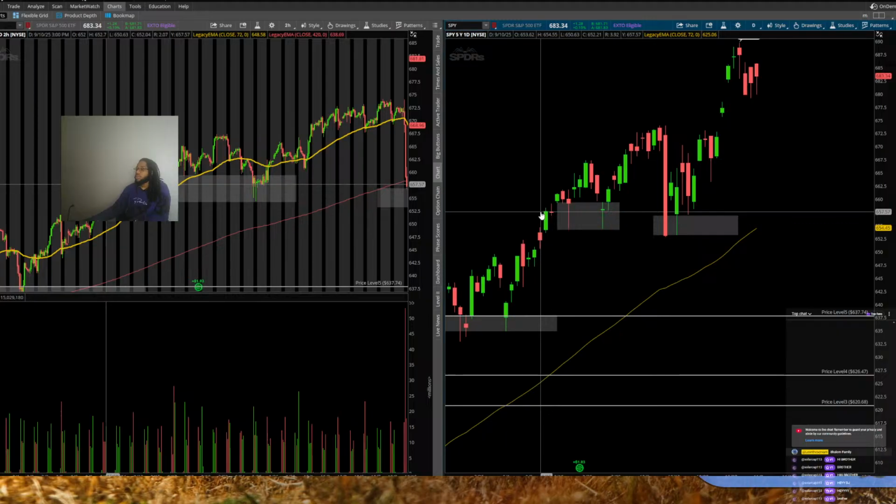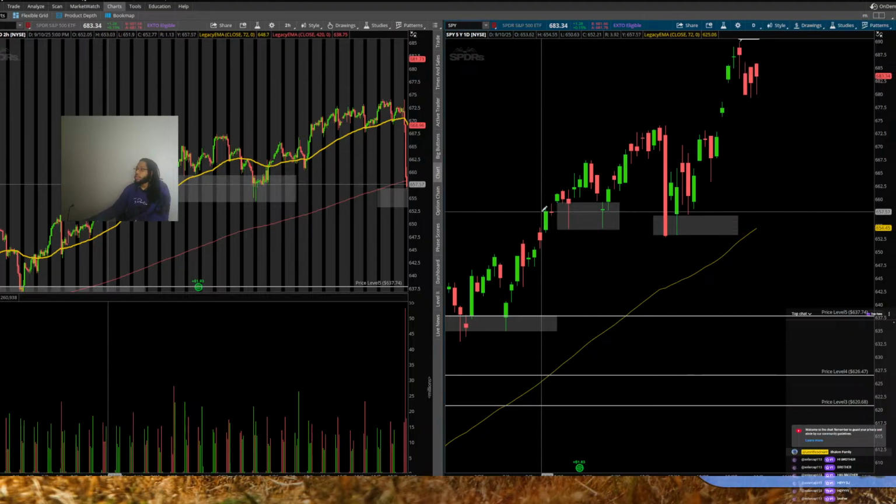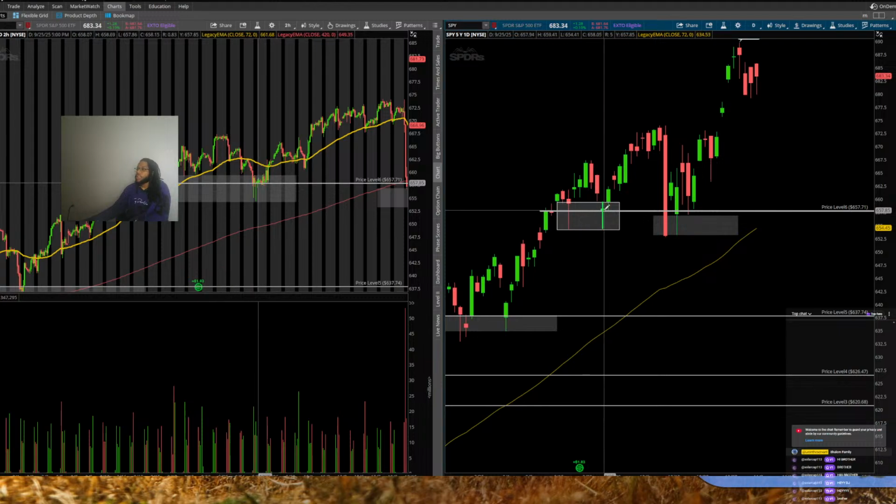I don't really see too much on the, I mean, I guess you could say this is interesting. This is something that actually does catch my eye. So this open right here and this close are right next to each other, or the open of each day is right next to each other, and it looks to almost be right in line with this day, right?